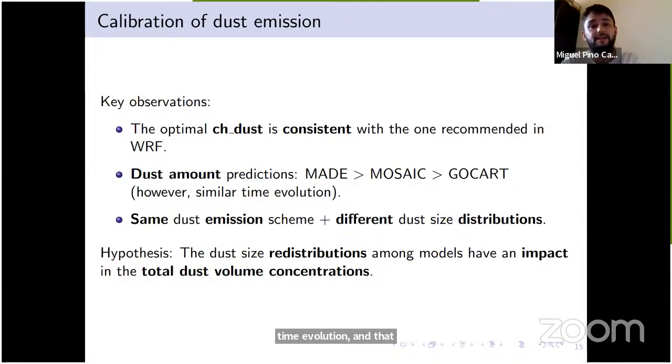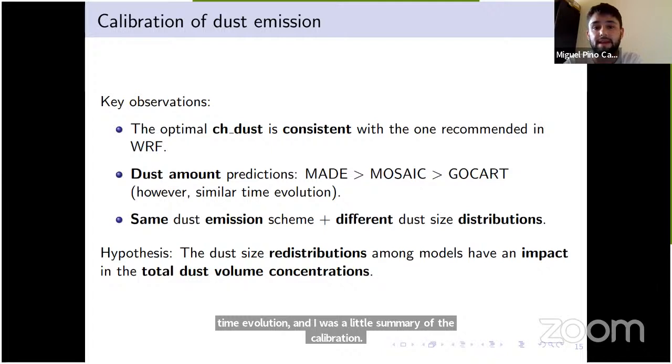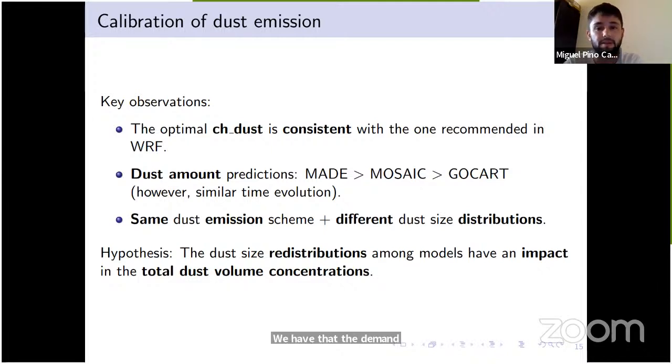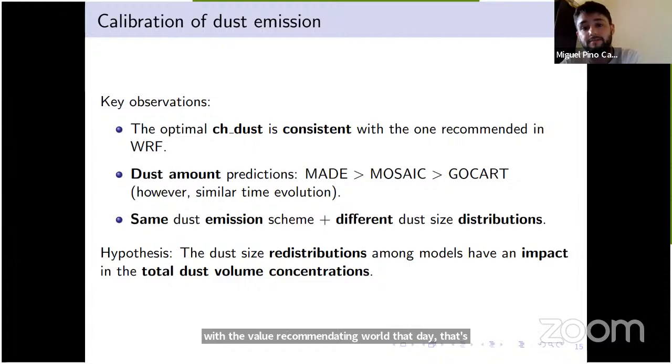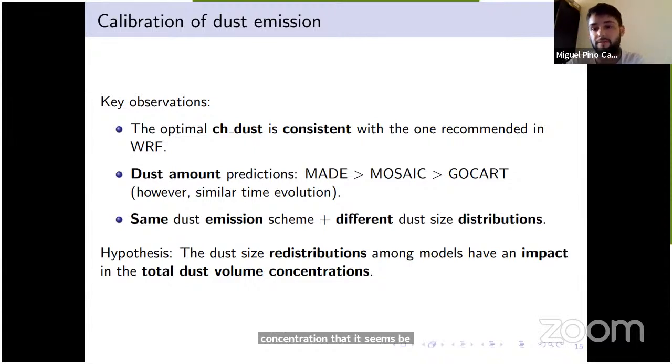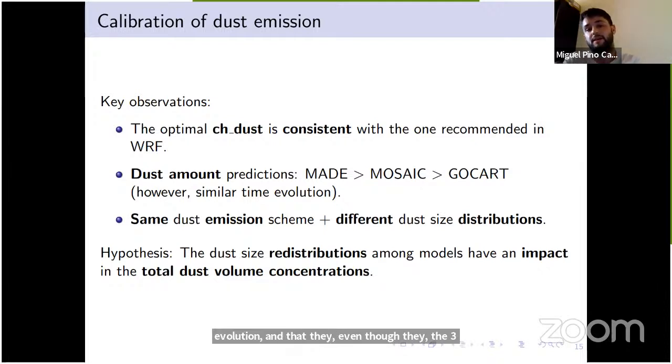And now, as a little summary of the calibration: the optimal CH_DUST obtained is consistent with the value recommended in WRF; the dust concentration predictions are bigger for MADE, followed by MOSAIC, even though the 3 have a similar time evolution; and even though the 3 aerosol schemes share the dust emission, they differ in the dust size distributions.